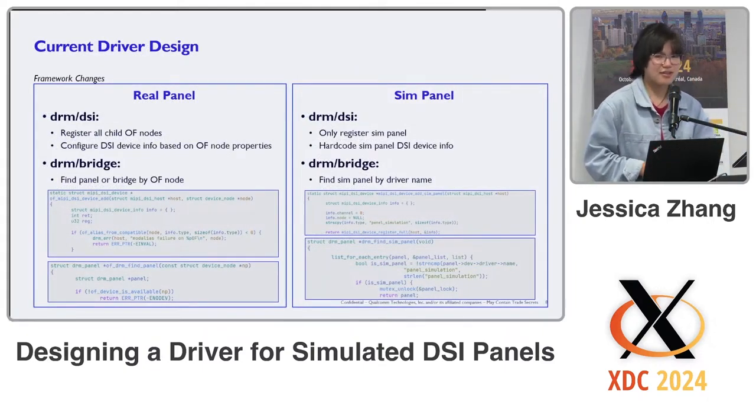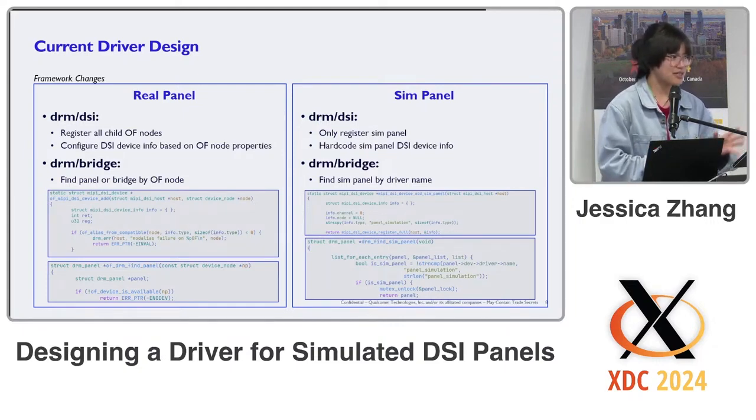So now onto the current driver design. Right now the SimPanel series is kind of split into two parts. The first one is framework changes. As I said in the very beginning, the real panels are very dependent on OF APIs. So we had to add a few SimPanel specific APIs to sidestep all this OF dependency.